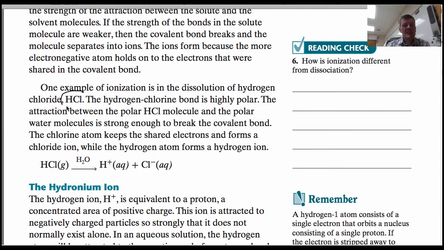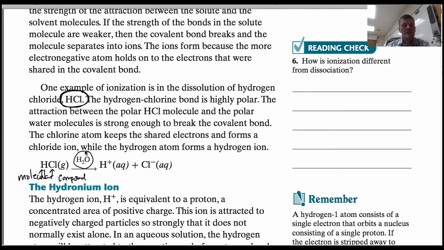Here we have HCl, hydrogen chloride, which when you put it into water becomes an acid, and we'll talk about acids and bases later on. Now this is a non-metal, hydrogen, and another non-metal, chlorine. So it's a molecular compound.